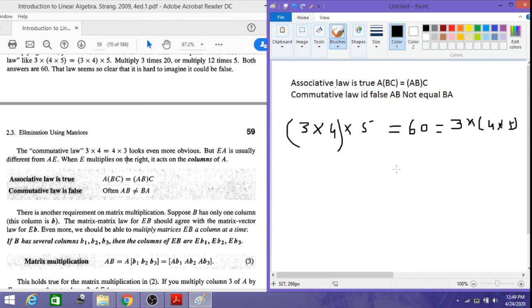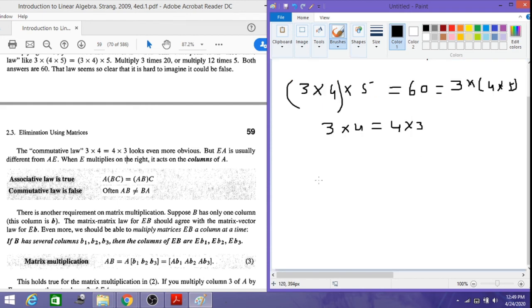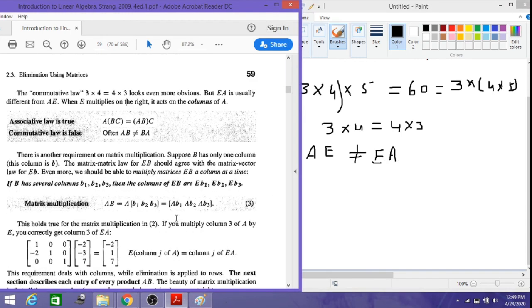It's again a result of 60. But here in matrix, it is true that 3 into 4 is also equal to 4 into 3 in general mathematics, but in case of matrix it is not the same, because A into E will give us different results, whereas E into A will give different results. So just take any example and work it out so that you will understand.